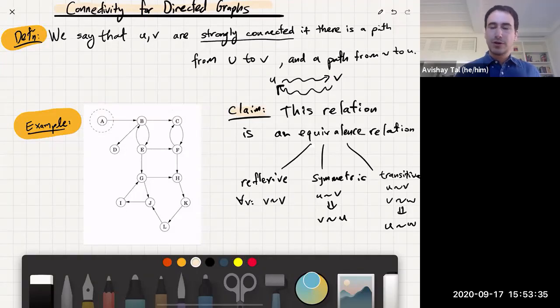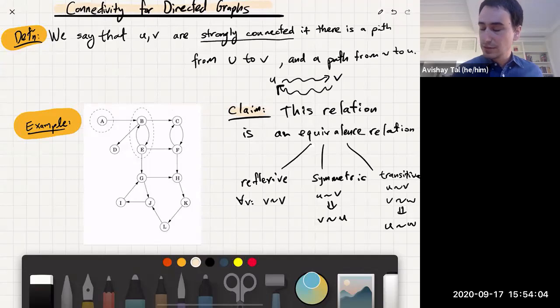Who is in the strongly connected component of B? E, right? Is it the only one? Yes, you can go from B to E and you can come back. But there's no other vertex that is strongly connected to B.